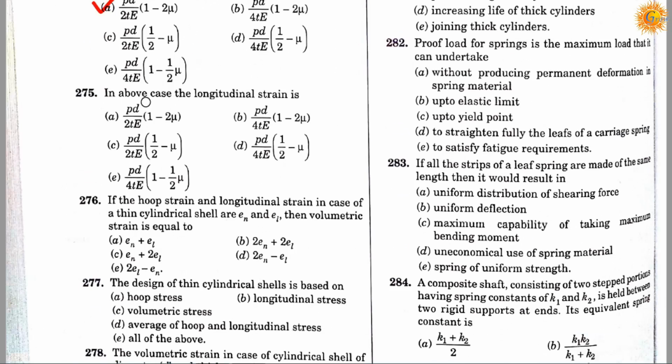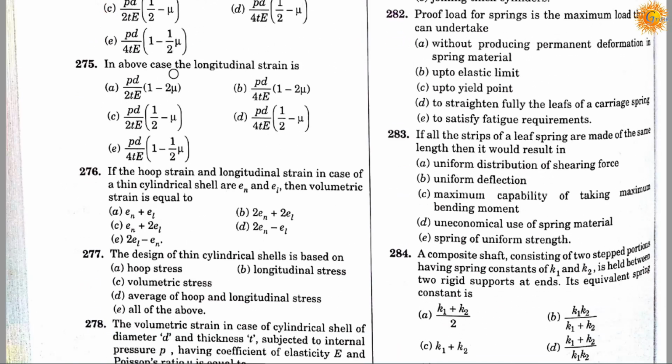Question number 275. In the above case, the longitudinal strain is: option A, PD upon 2TE in the small bracket (1 minus 2 mu); option B, PD upon 4TE in the small bracket (1 minus 2 mu); option C, PD upon 2TE in the small bracket (1 upon 2 minus mu); option D, PD upon 4TE in the small bracket (1 upon 2 minus mu); and option E, PD upon 4TE in the small bracket (1 minus mu upon 2).